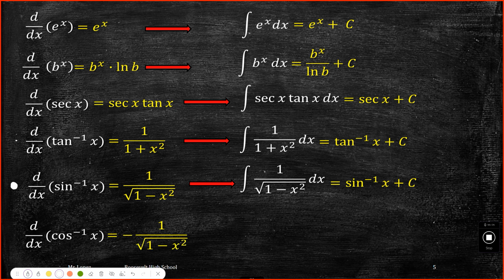Yeah, in front is a negative. It's 1 over square root of 1 minus x squared, but with a negative in front. So the integral of negative 1 over square root of 1 minus x squared dx is cosine inverse of x plus c.